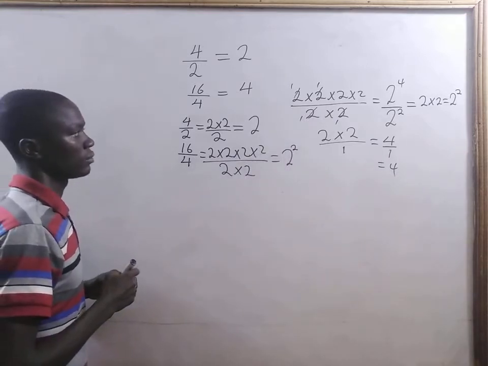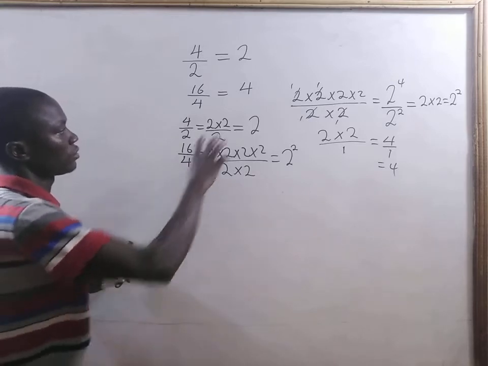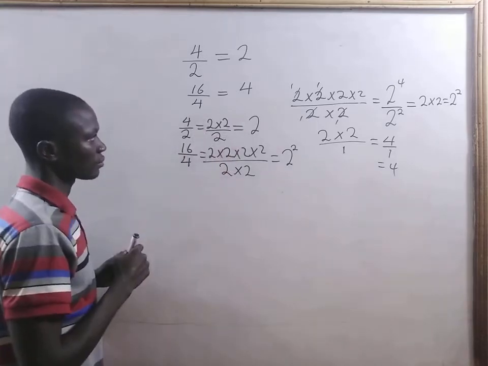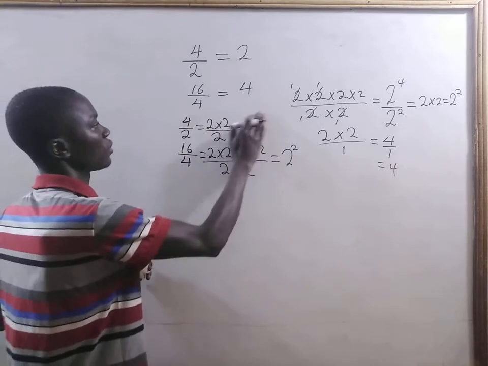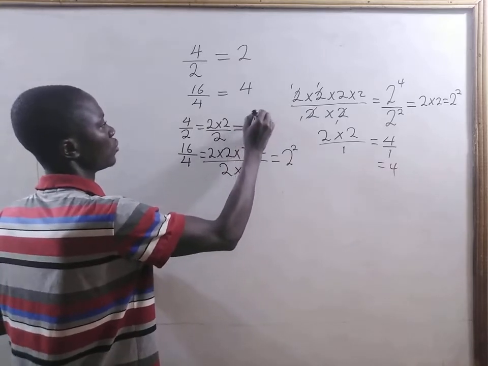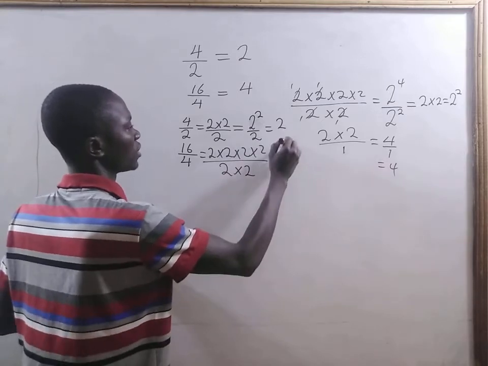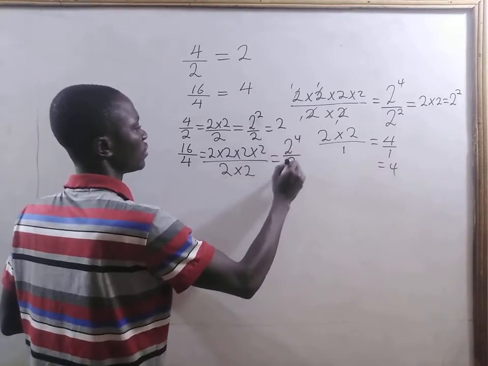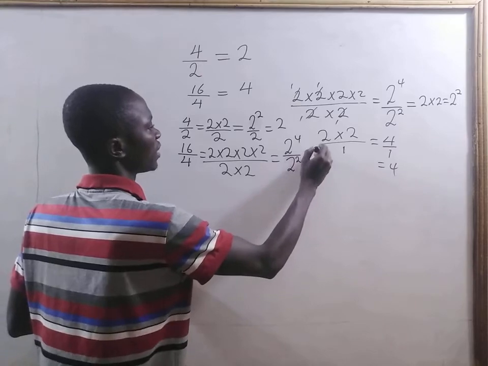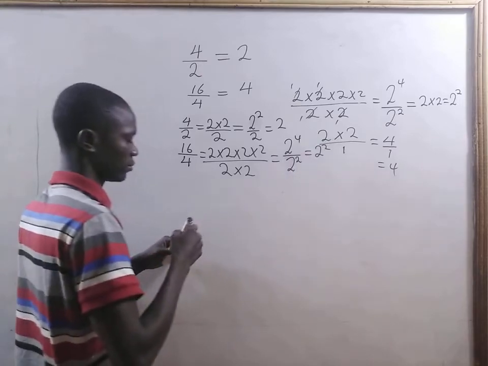Now, we can conclude from here that 2 squared divided by 2 is 2. And this one is 2 to the power 4 divided by 2 squared, which is giving us 2 squared.